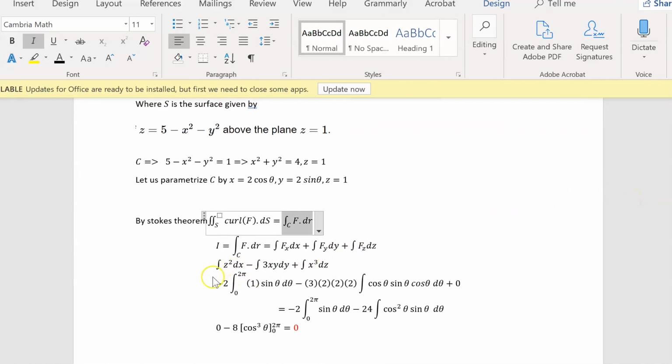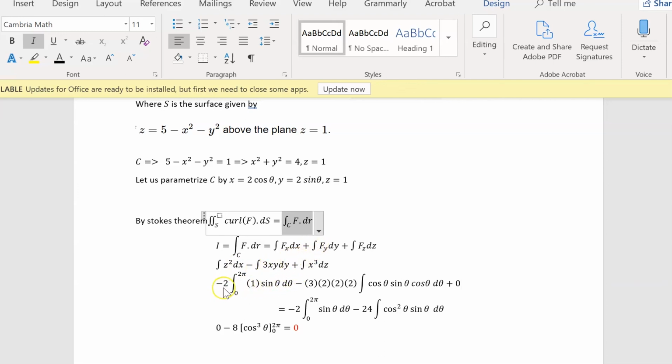So now we are going to parameterize this curve. We have the integral of z squared dx minus 3xy dy plus x cubed dz. So x is equal to 2 cosine theta, so dx is equal to negative 2 sine theta d theta, and that's what comes here.